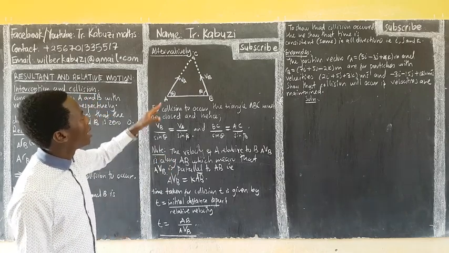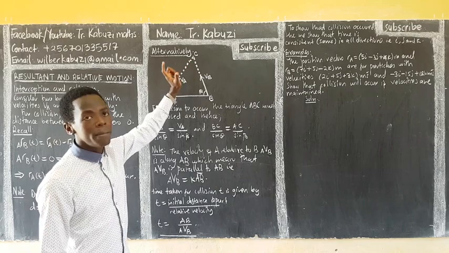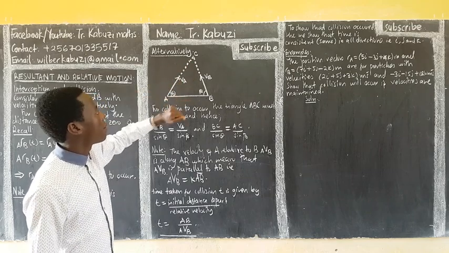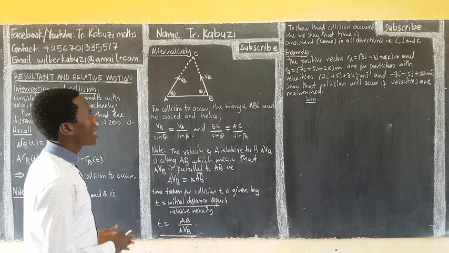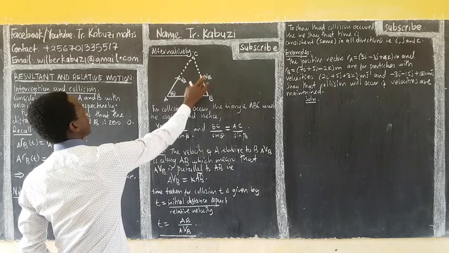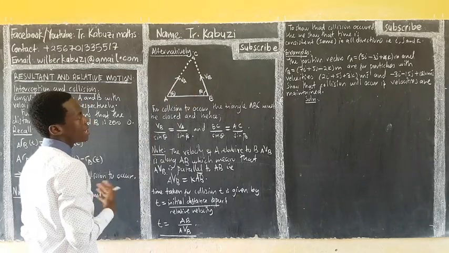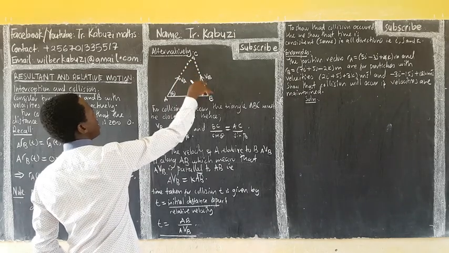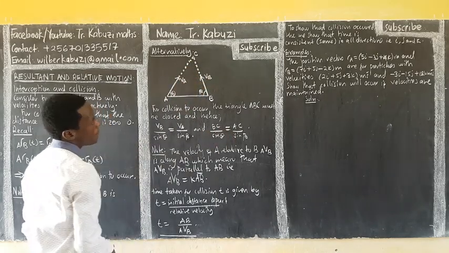If that triangle is there, we can use the sine rule: sine of this over sine of this is equal to this over sine of this, which will be the same as BC over sine theta, then AC over sine beta.